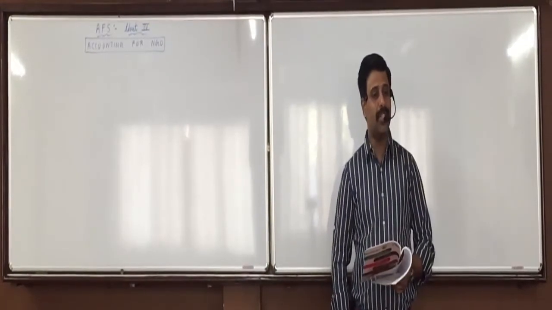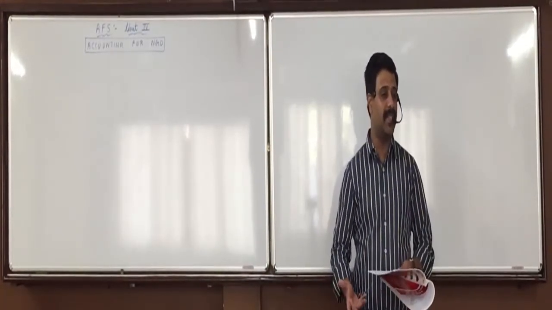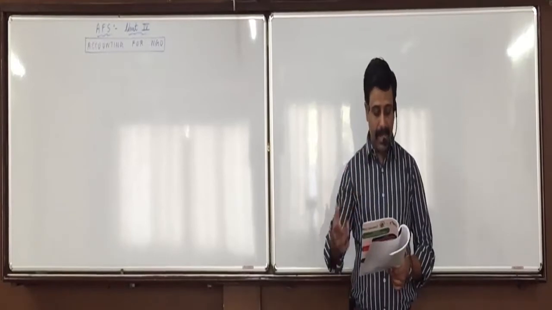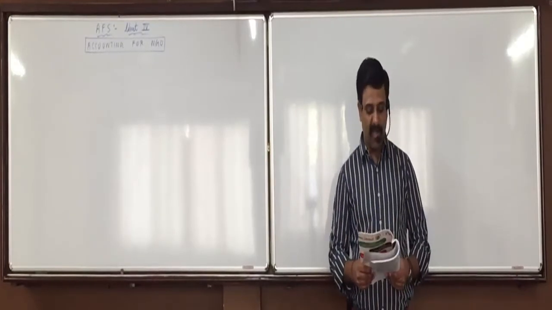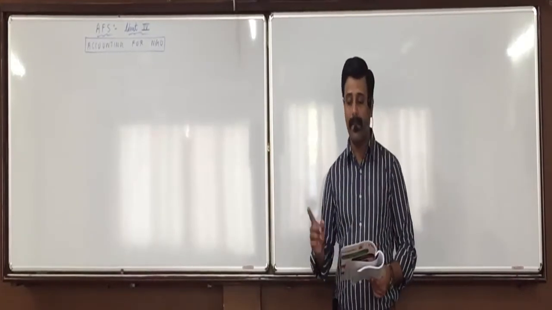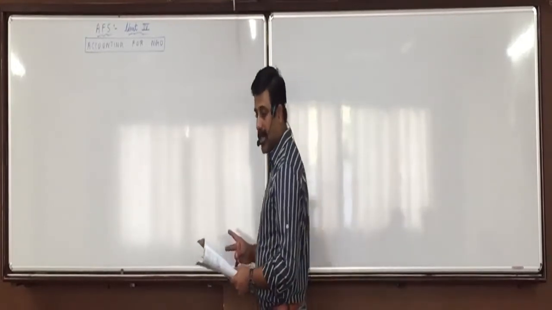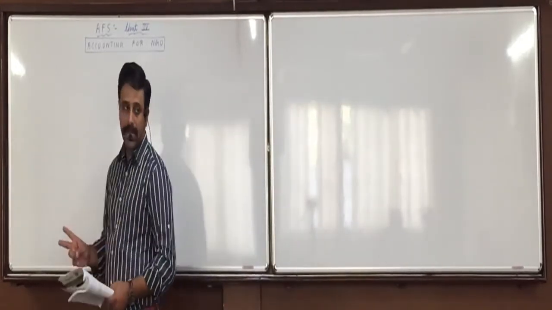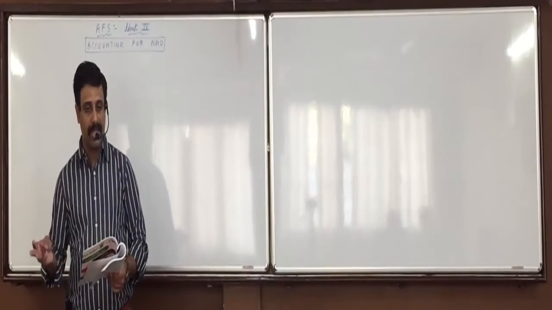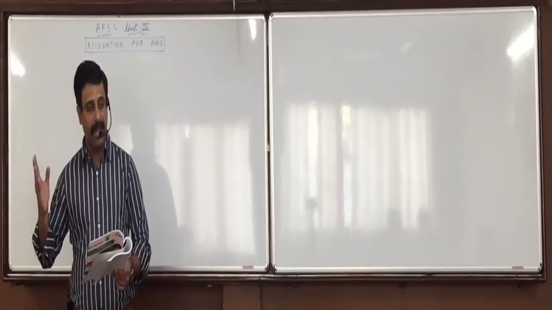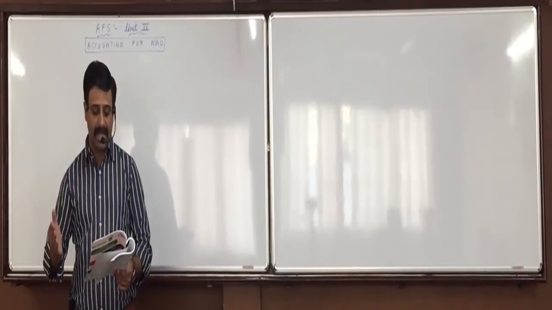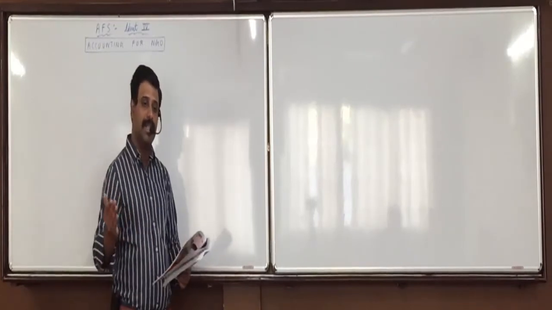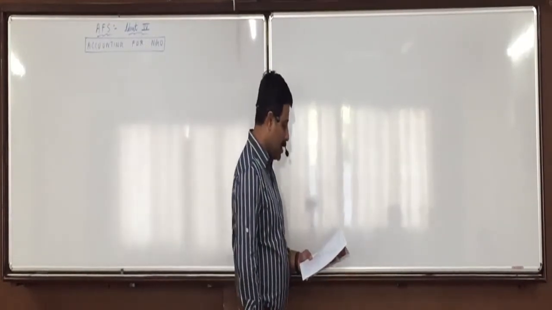Then grants and donations. Main income for an NGO is what? Grants and donations. And then other incomes. So 4 categories of incomes are there: income from operations, fees and subscriptions, grants and donations, and other incomes.